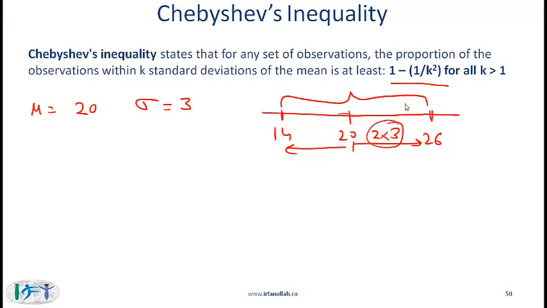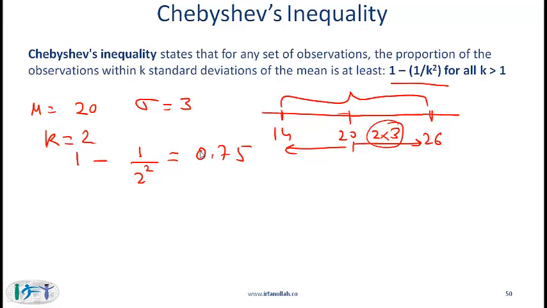And that is what Chebyshev tells us. K is the number of standard deviations from the mean, which in our example is 2. So the number of observations that must lie within 2 standard deviations of the mean is equal to 1 minus 1 over 2 squared, 1 minus 1 over 4. So this is 0.75.